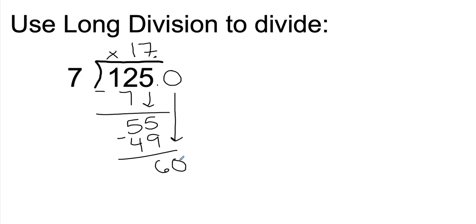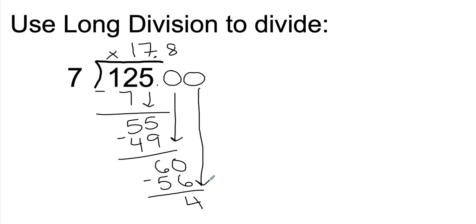So put the 0 there. How many times does 7 go into 60? 7 goes into 56, right? That's 8 times. So we're taking out a 56. And then that leaves us with a 4. So we're subtracting these every time. We're just doing times tables and subtracting, okay? And then 7 does not nicely go into 4, so we'd put another 0, continue the process.